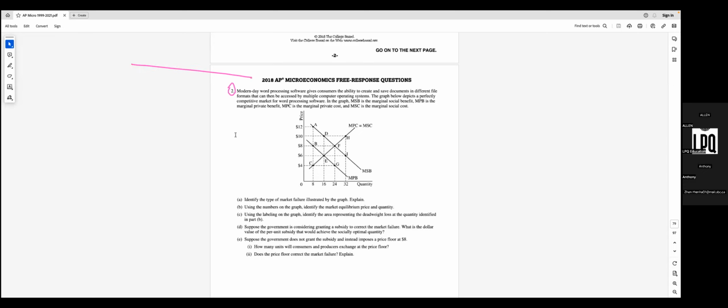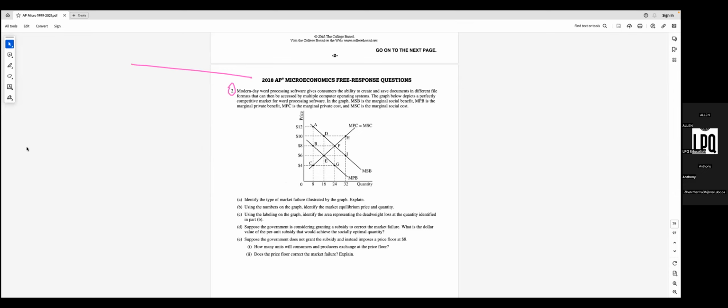Okay, some of you have finished the question. Let's see. Question A: identify the type of market failure illustrated by the graph. Negative externality, MSB is greater than PB.